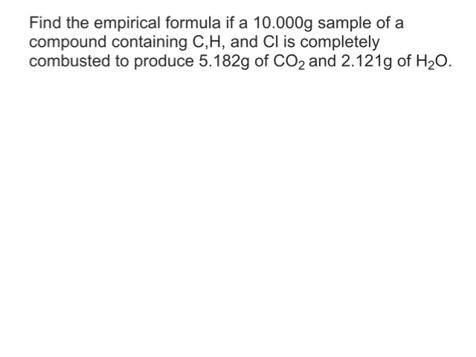Because if we have a compound containing C, H, and Cl, there's only one thing that I don't have information about, and it's the Cl, because all my carbon is here, and all my hydrogen is here. So basically, this is going to be treated just like oxygen in the previous two examples, where we get the masses of carbon and hydrogen, and then can subtract out to get my mass of chlorine.